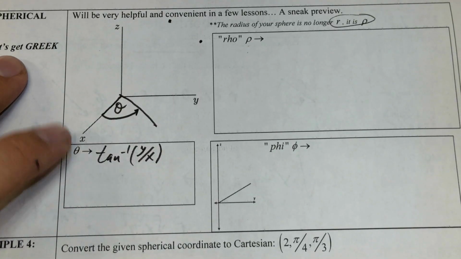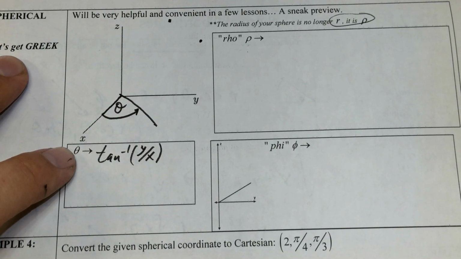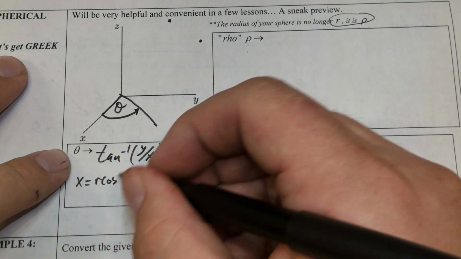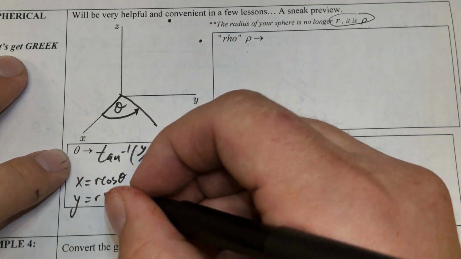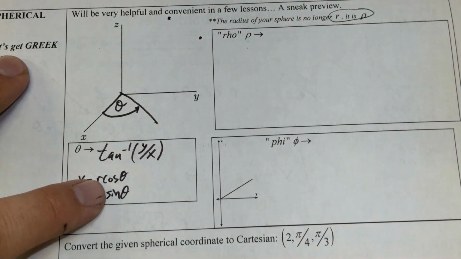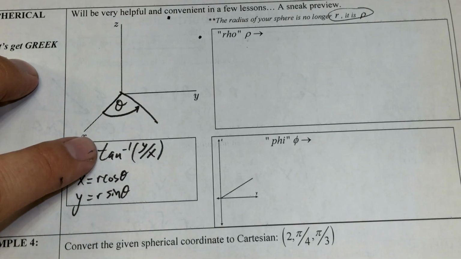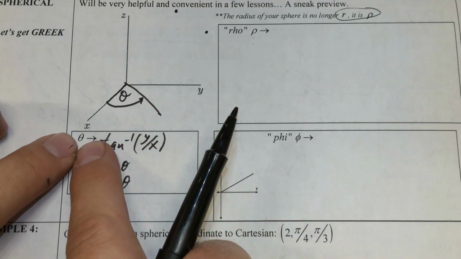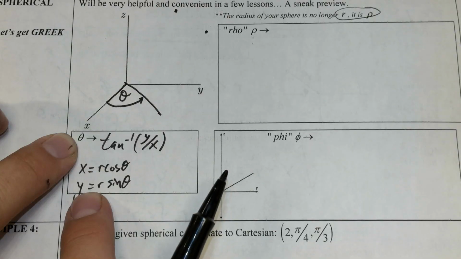That's still true. But also, theta, like we found out before, is also related to r cos theta and r sine theta. So in different situations, I might be choosing these different things to represent, or one piece of information might help me with some other pieces of information.